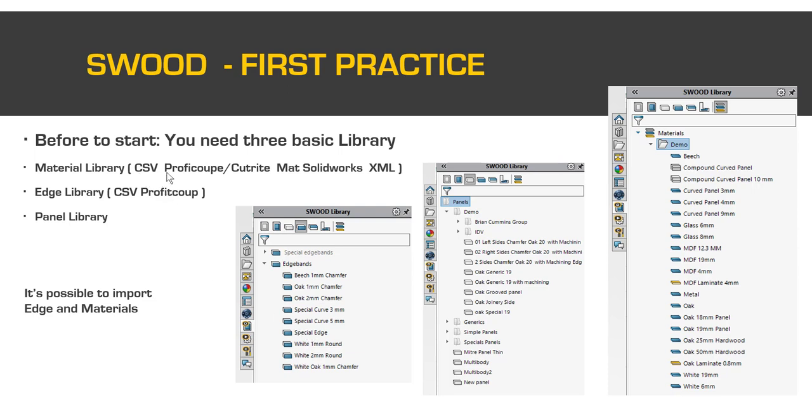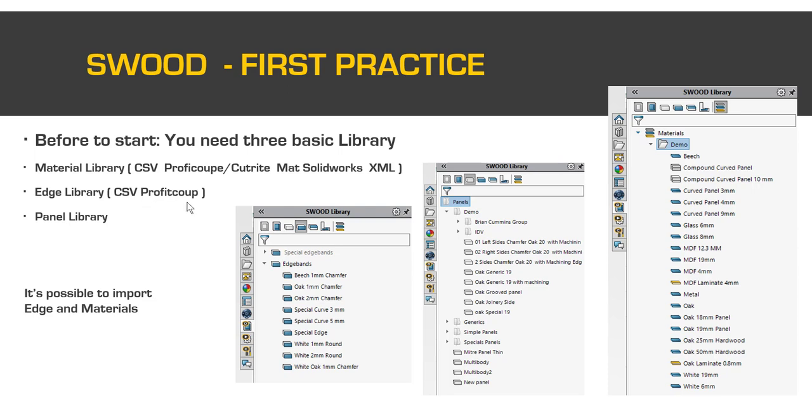The material library can be imported in CSV format. So we can use Profit, Cube, Cartridge, SolidWorks materials, or an XML file. And of course, the edge library can also be imported by CSV file.